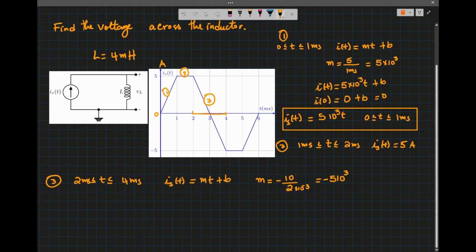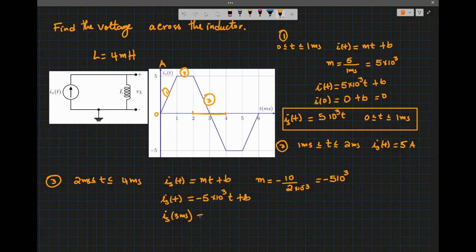Okay, and then what is b? Let's find b. We know that i of t is -5 times 10 to the 3 t plus b. Then I know that at 3 milliseconds, i of 3 milliseconds equals -5 times 10 to the 3 times 3 times 10 to the -3, plus b.